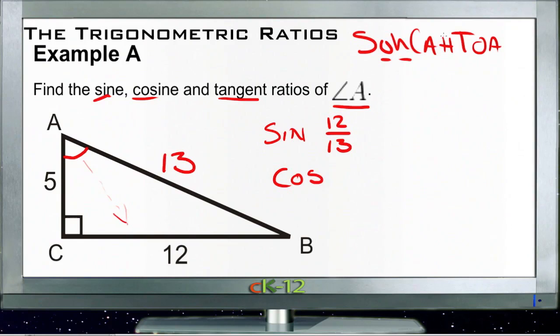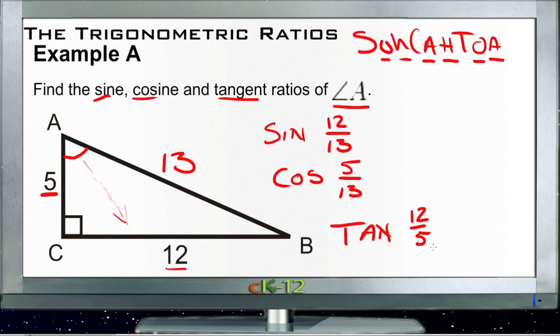Cosine is adjacent over hypotenuse, so we deal with the side that's next to the angle, adjacent to it, 5 divided by the hypotenuse, 13. And then tangent is opposite over adjacent, so we have our 12, which is our opposite side, divided by 5, which is the adjacent side, 12 over 5. Yeah, that's it. We just have to find those ratios.